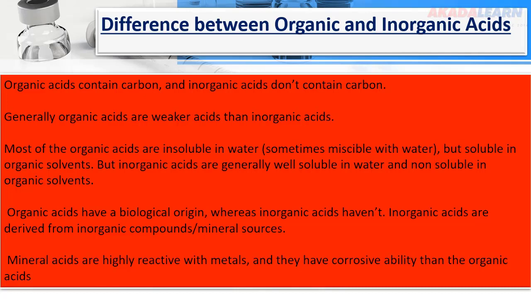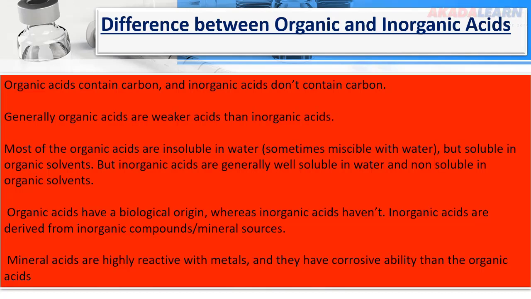In fact, organic acids are even edible, like the ones you find in your oranges, your fruits, and all those. Most of the organic acids are insoluble in water, sometimes miscible with water, but soluble in organic solvents. But inorganic acids are generally well soluble in water and non-soluble in organic solvents.